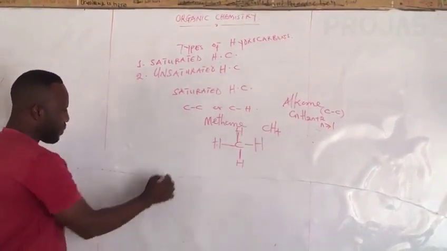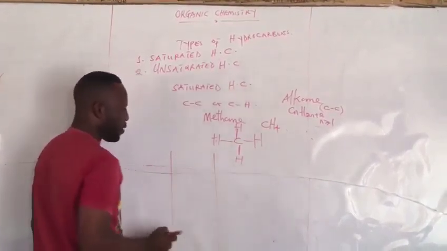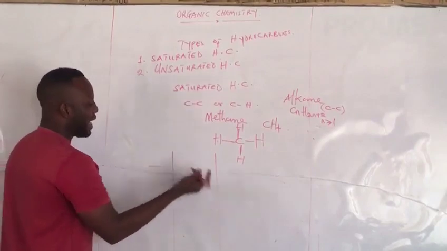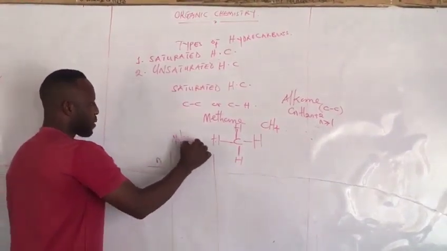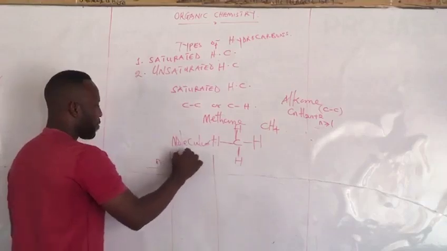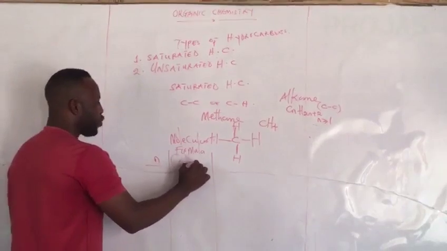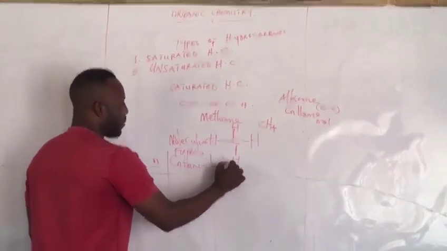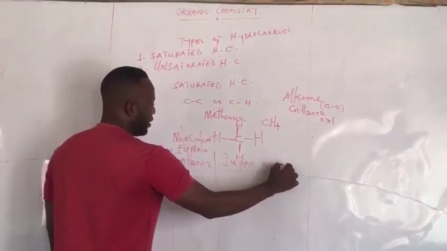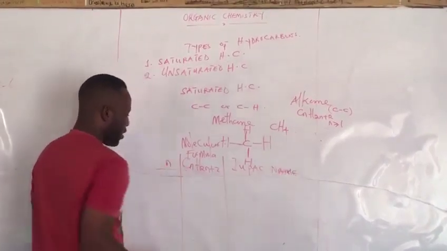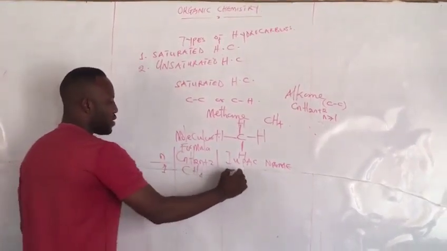Then I will show you a table that shows other members of the group, their molecular formula and their IUPAC name. Here is n. This is their molecular formula, CnH2n+2, and their IUPAC name. If n equals 1, we have CH4, and that is methane.